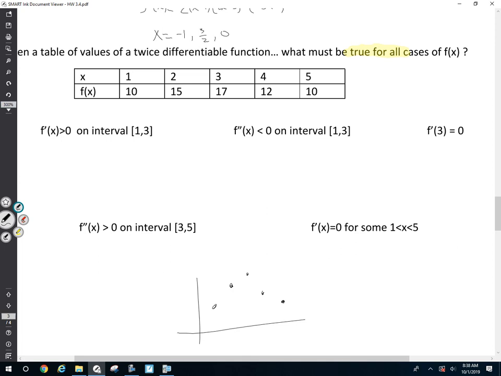What every student assumes is that you connect those points in a smooth way. However, that's only a possibility. This is why it says true for all cases. This could be the graph of f. I'm going to show you right here.